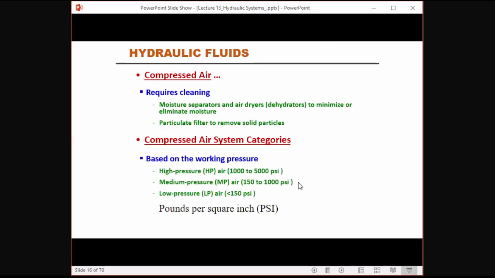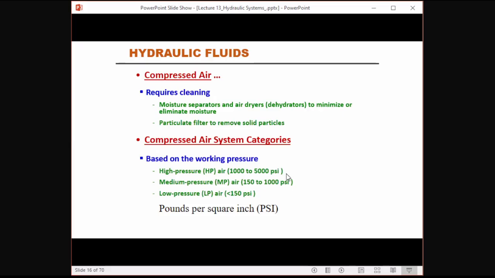When you pressurize your car tire, we can measure this car tire pressure using the PSI value.